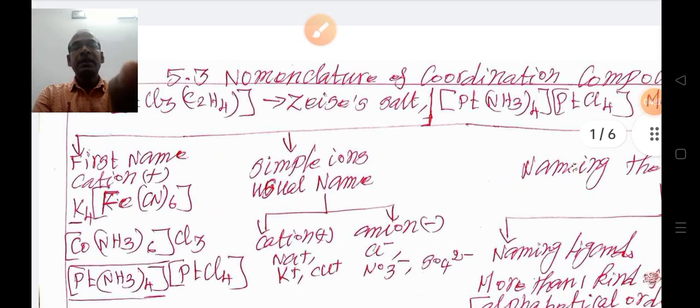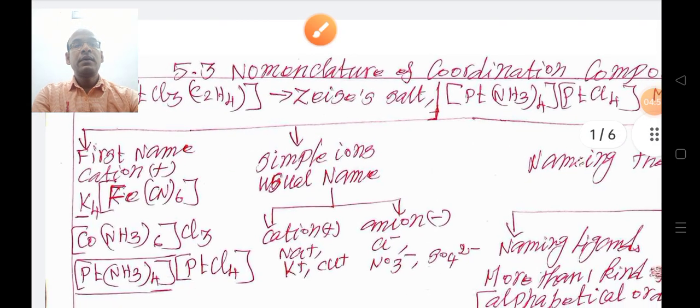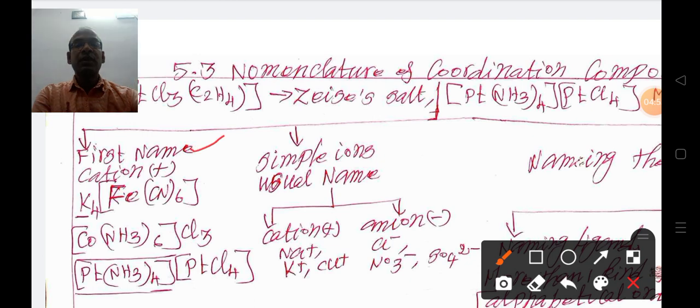First point: the first name is given to the cation, that is, the positive ion.